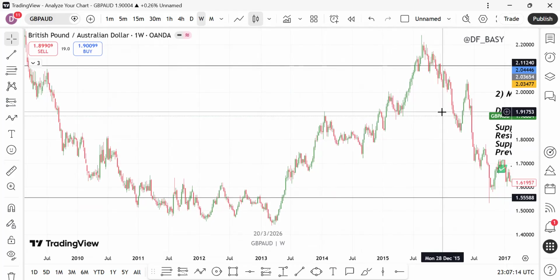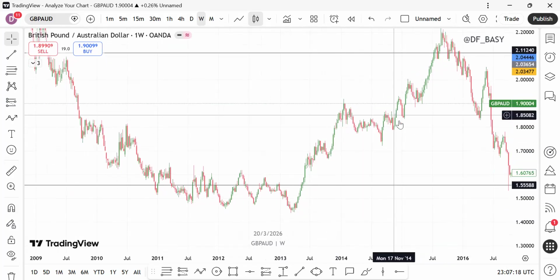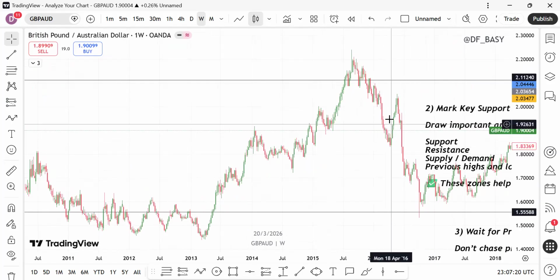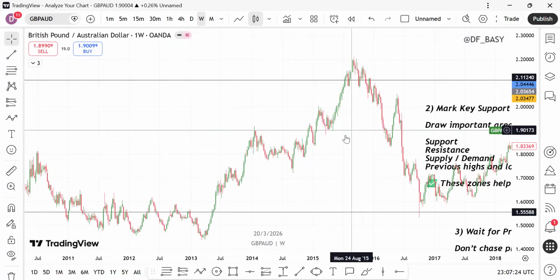All these candlesticks are representations of decisions made by retail traders, institutional traders, hedge funds, central banks, everyone trading the financial market, right?